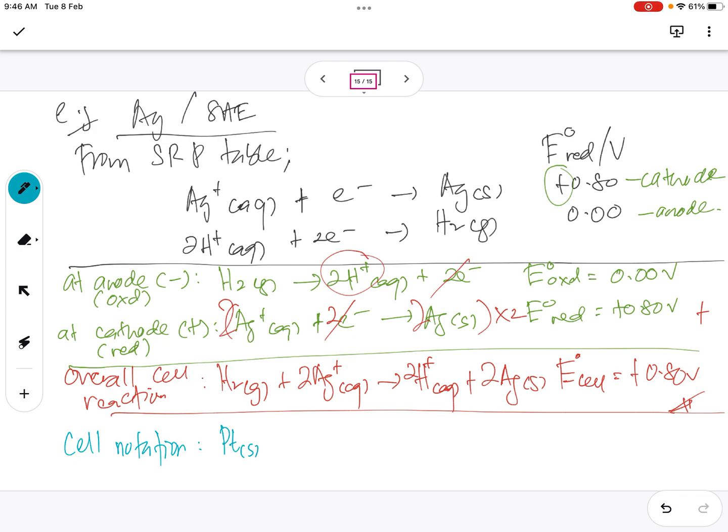Platinum solid slash H2 gas 1 atm slash H plus 1 molar, double slash, kita guna silver kan, so silver plus 1 molar slash silver solid. Okay, dapat tak cell notation?